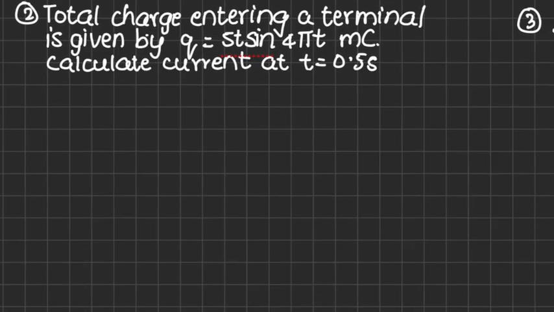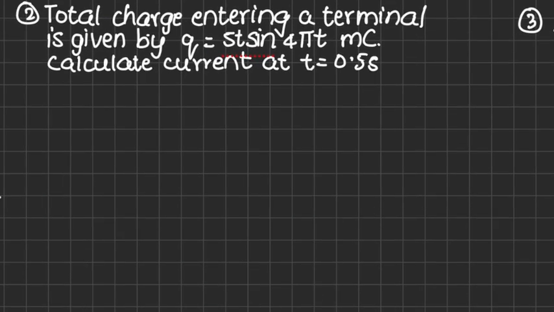The next question is: the total charge entering a terminal is given by Q equal to 5t sine 4 pi t millicoulombs, and we need the current at 0.5 seconds.